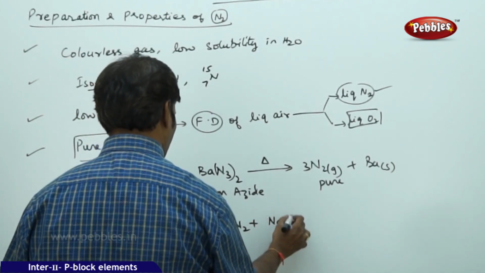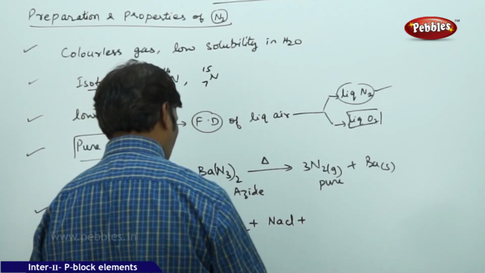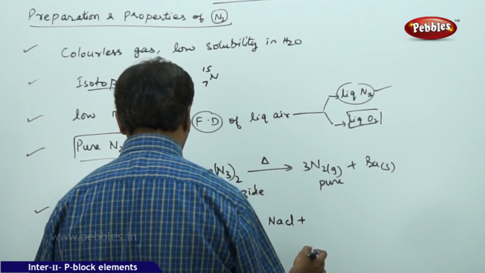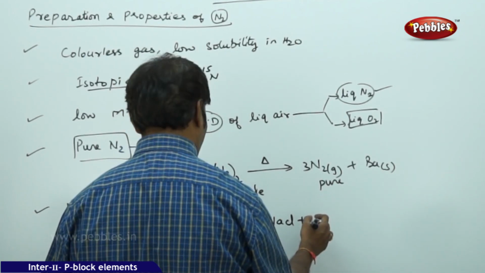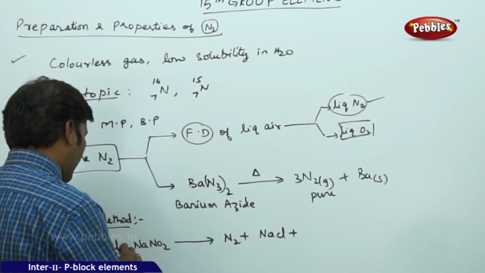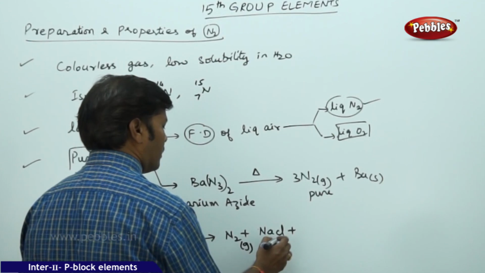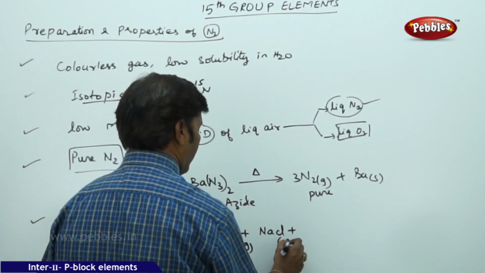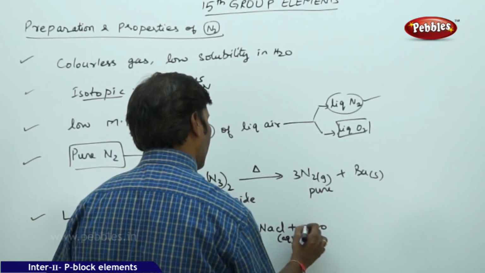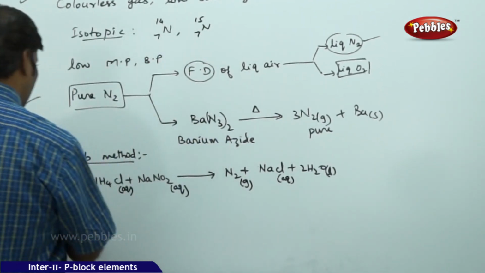Ammonium chloride aqueous, when reacting with sodium nitrite aqueous, gives nitrogen gas, sodium chloride aqueous, and you can take water as the byproduct. This is liquid.